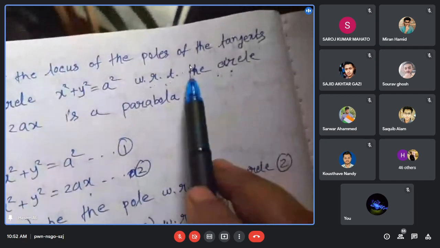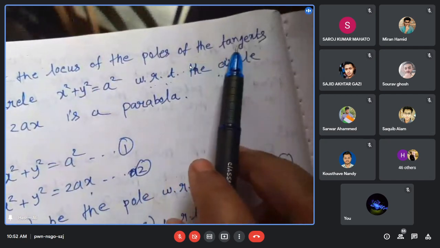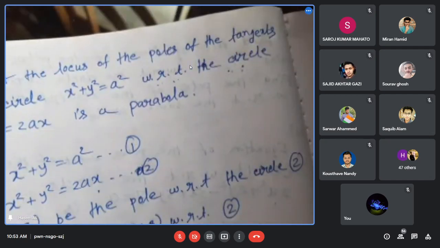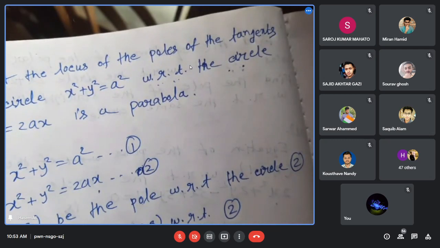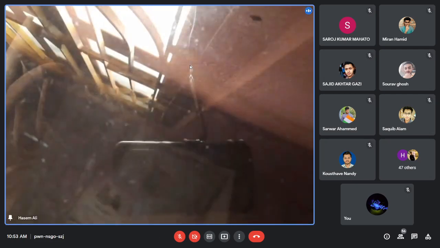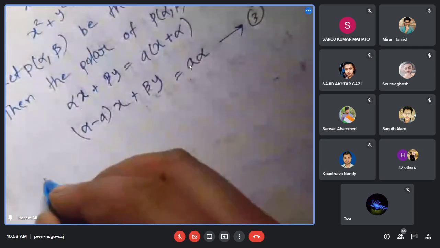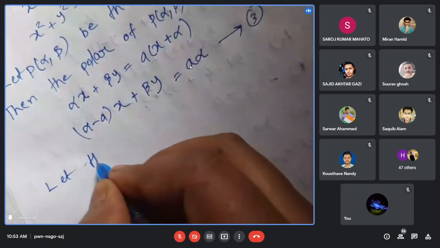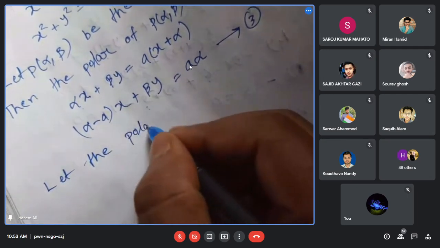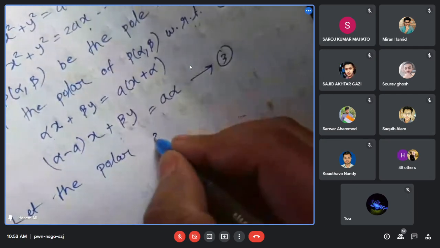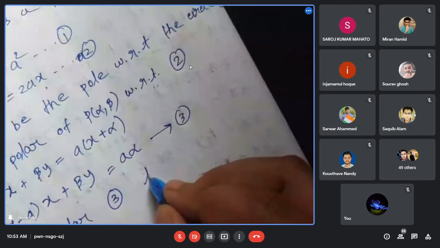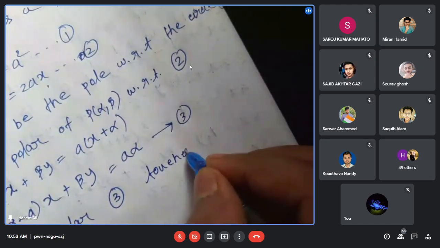Now I have given that the poles of the tangents. So this is our polar 3.